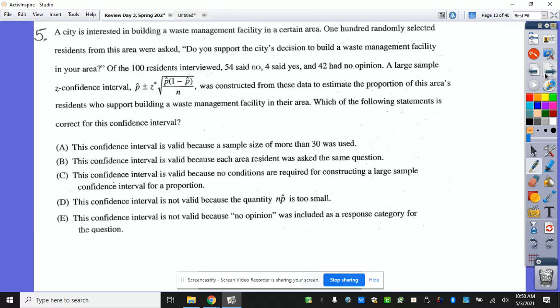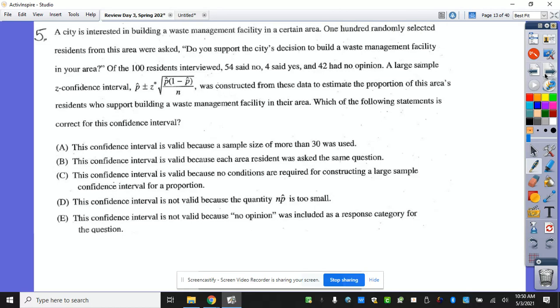If I look down at my answer choices really quick, it's trying to tell me that it's valid or not valid. So I'm probably looking at what things would make the problem valid or invalid. Probably conditions. Now, you don't have to look ahead to know what you're dealing with, but sometimes I do that.